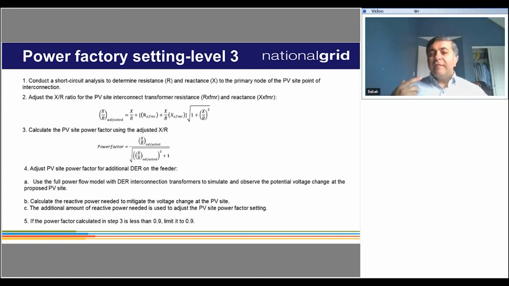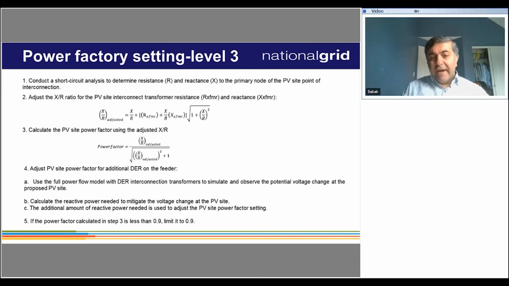Let's spend a couple of minutes here to understand. What are the variables in this equation? X and R, right? Both adjusted and on the primary side of the connection transformer. What does that mean? If I have a DER facility closer to the substation, of course X and R are going to be different than the ones at the end of the circuit.